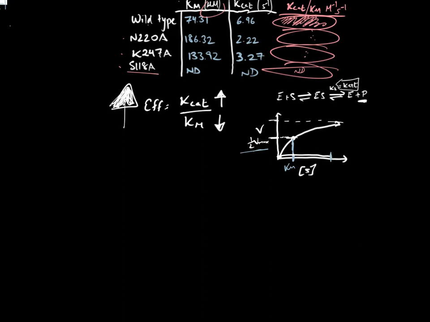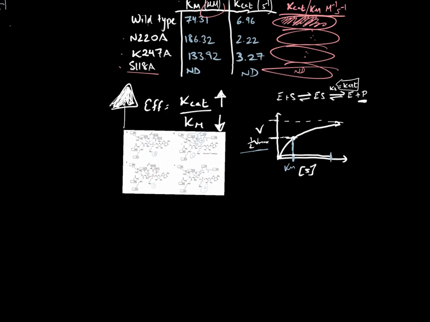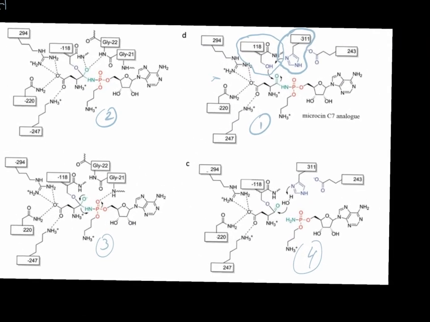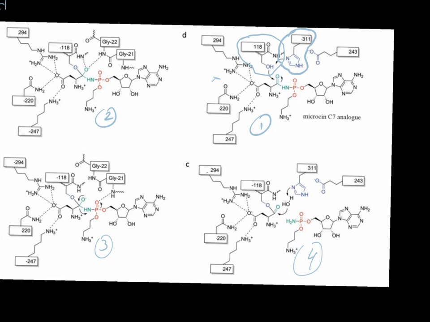Okay, the last question asks, what is the rationale for mutating the residues present in the wild-type protein to alanine? So basically, what would happen if I were to take this reaction, and for every residue, instead of having these side chains, I just had alanine, CH3, as a side chain?